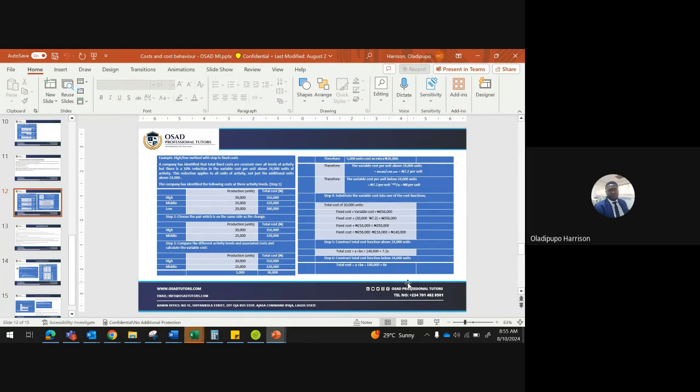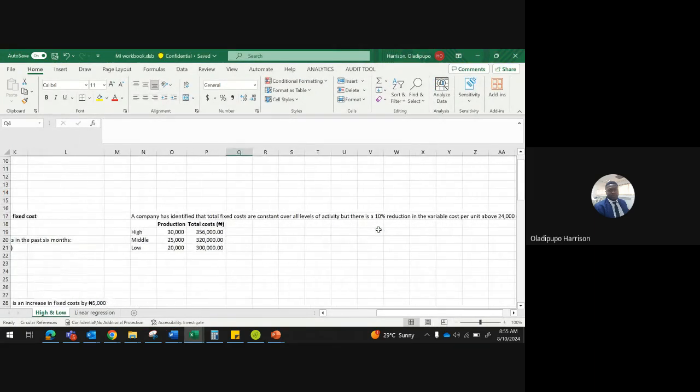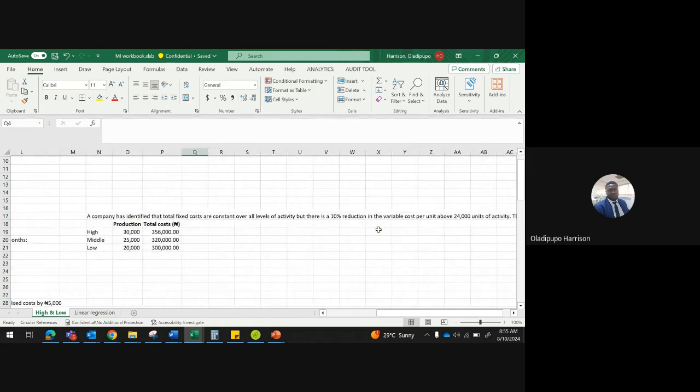The first thing you're going to do is, of course, if you read the question, it says that a company has identified that total fixed costs are constant, but there's a 10% reduction in variable costs where production is above 25,000.